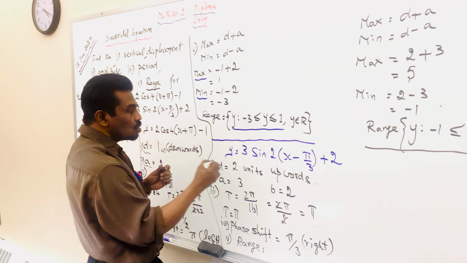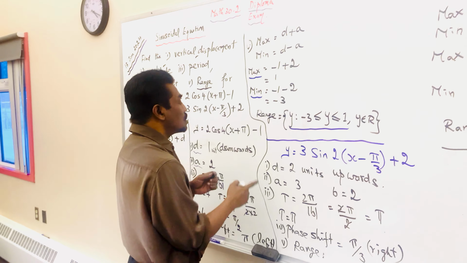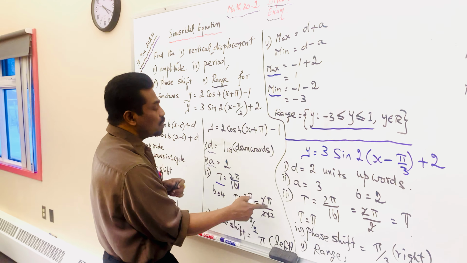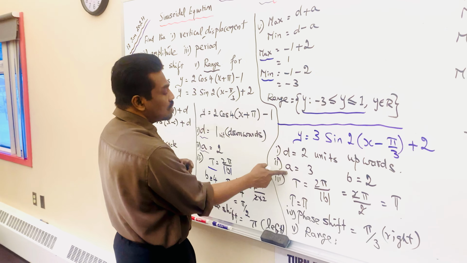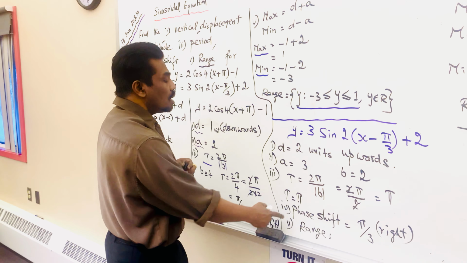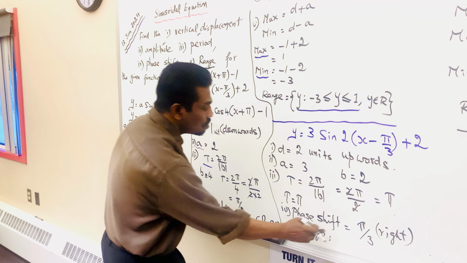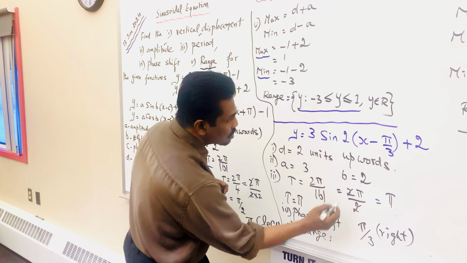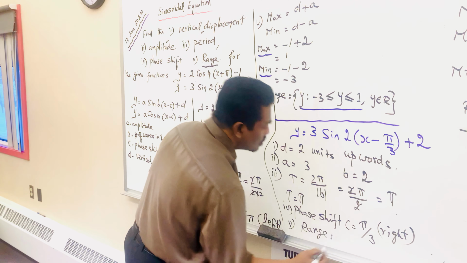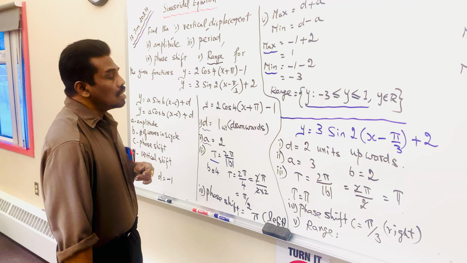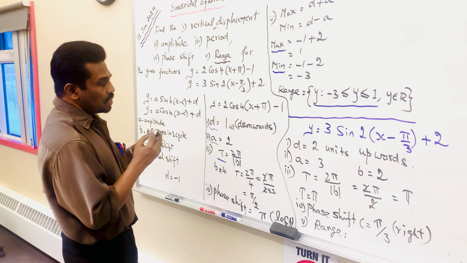So students must know how to graph the values of vertical displacement D, amplitude A, period T, and phase shift C, and the range from the given equation.